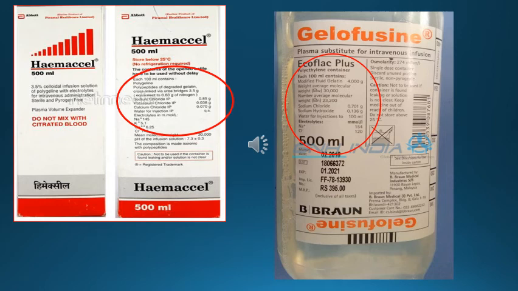Again, the electrolyte content is mentioned. Next, we have EcoFlac, that has modified fluid gelatin. The molecular weights are mentioned. The other constituents are sodium chloride, sodium hydroxide, and water for injection. Again, the electrolyte levels are mentioned.